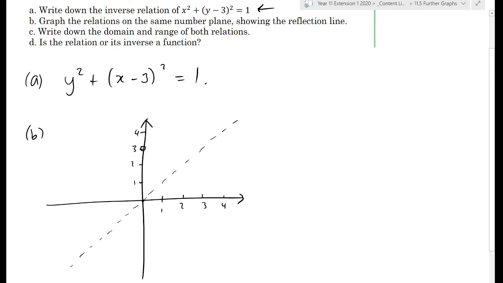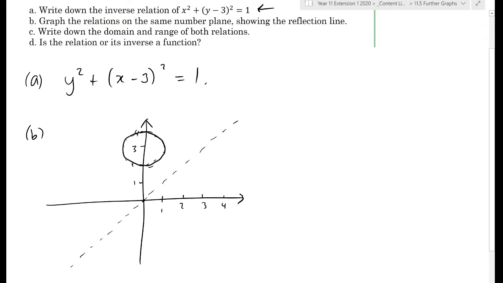So our circle with radius 1 has its center at y equal to 3. So it's going to be the circle that goes here.